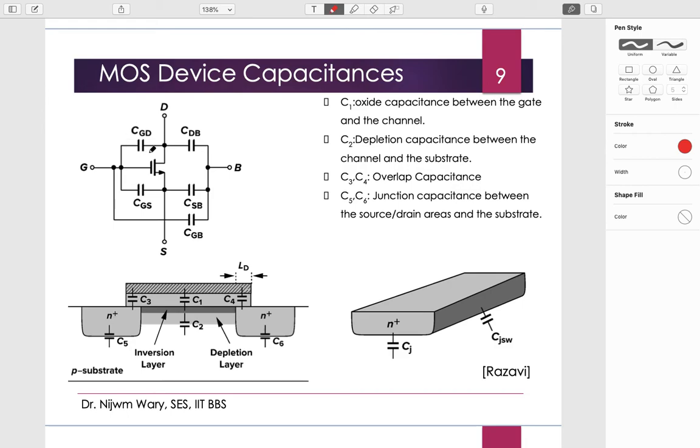Whenever the area is large, the capacitance is directly proportional to the plate area. If I have two plates, it is a capacitor C, and depending upon the area, the capacitance increases, because it's directly proportional to the area.